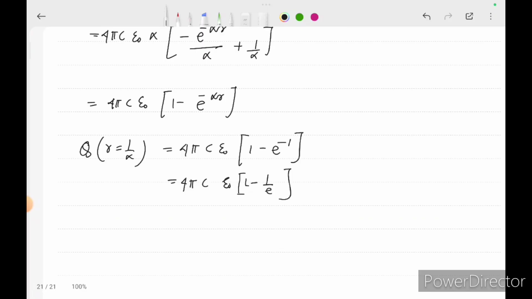I think you learned how to deal with a question when an electric field is given in your question paper and they ask what is the net charge.